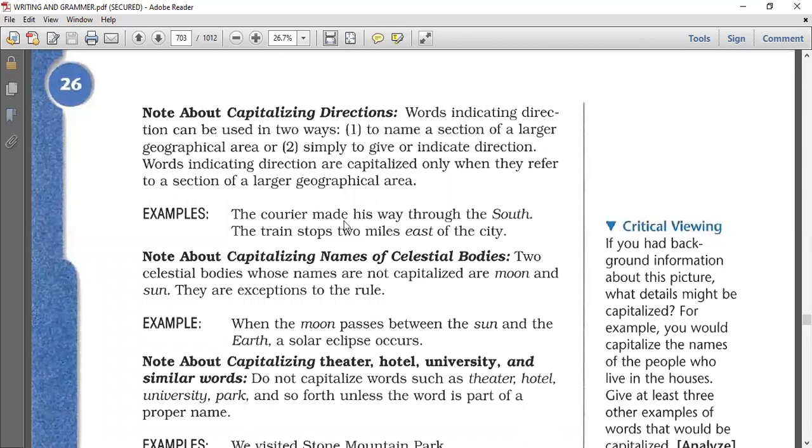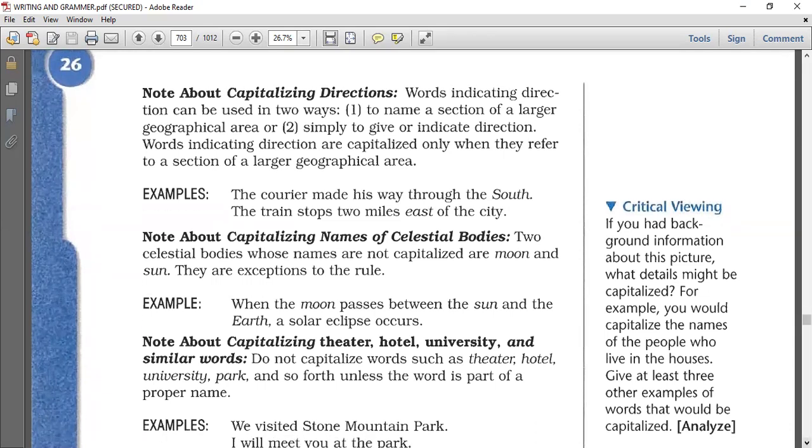The courier made his way through the South. Here we have the word South capitalized. Why? Because it refers to a section of a geographical area or a country. The train stops 2 miles east of the city. Here the word east is not referring to a section of a larger geographical body or area.